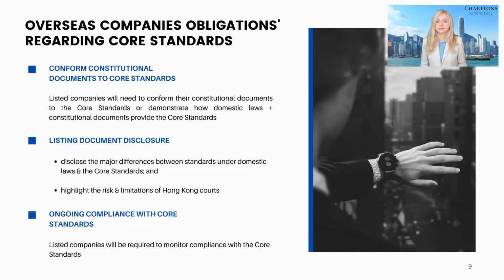Overseas companies will also be required to notify the stock exchange if they're subject to any laws or regulations or provisions in their constitutional documents with respect to matters not covered by the core standards or the listing rules, which may be materially detrimental to the interests of the shareholders as a whole. The exchange will reserve the right to consider an overseas company to be unsuitable for listing in these cases.